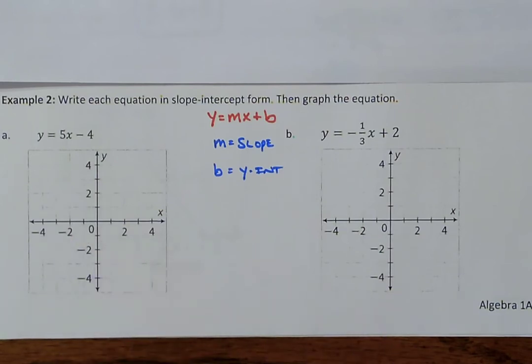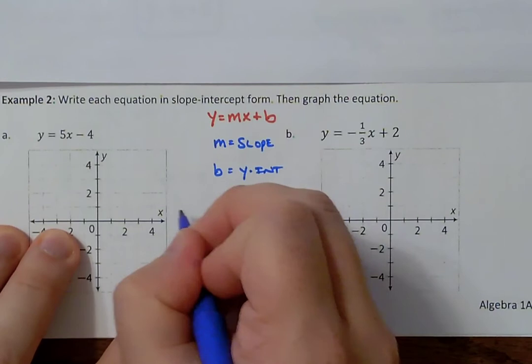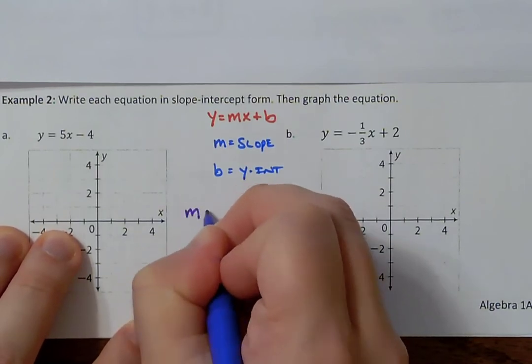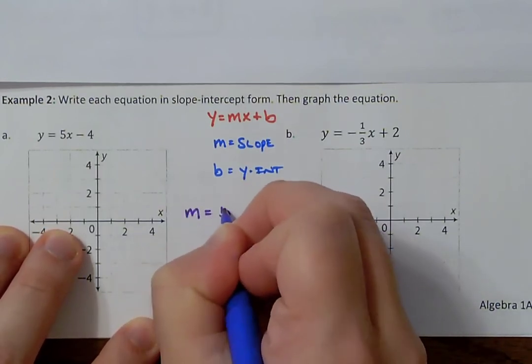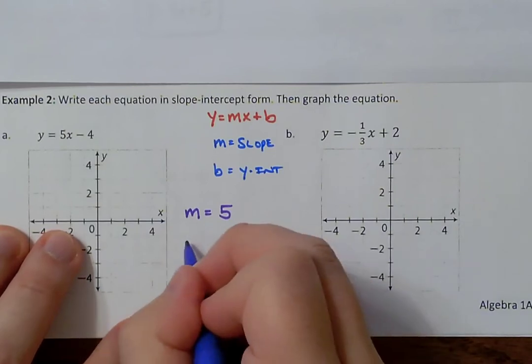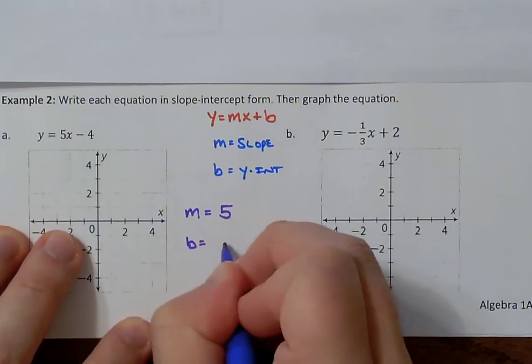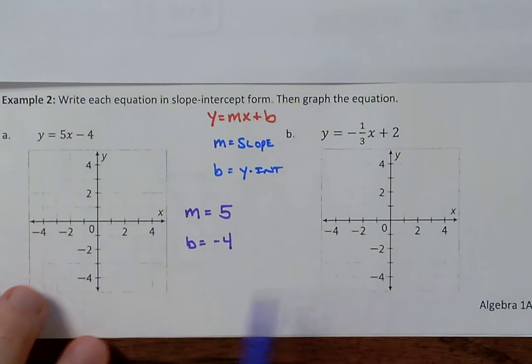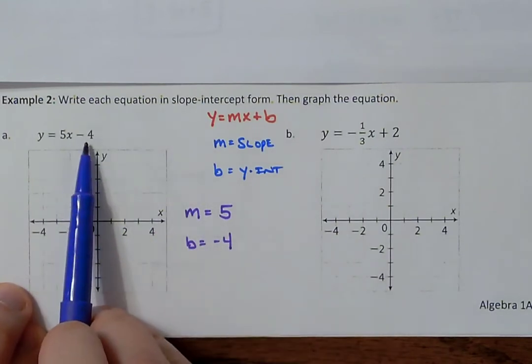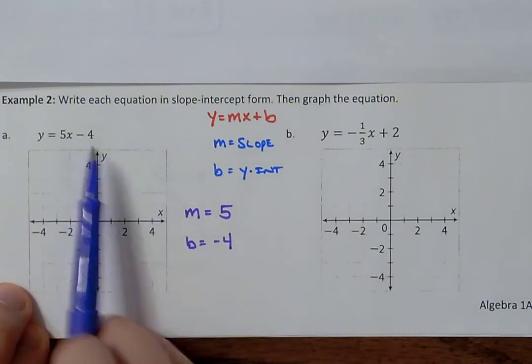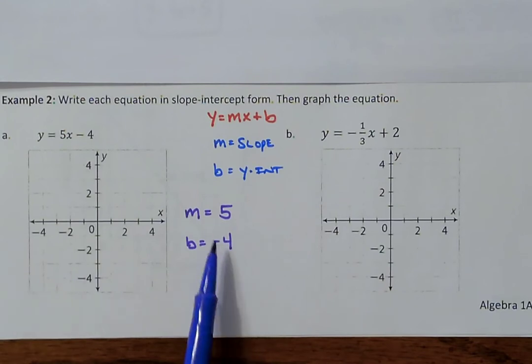So my slope, my m value, is 5, and my b value, or my y-intercept, is negative 4. I'm not just going to call it 4, but I'm going to call it negative 4 because this is minus 4. Now that I know these two things, this is how you do your first part of your shortcut.